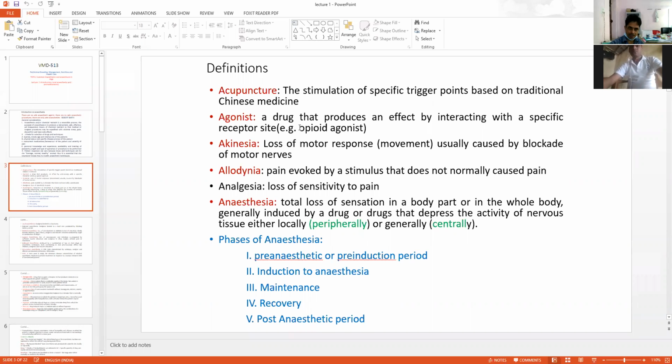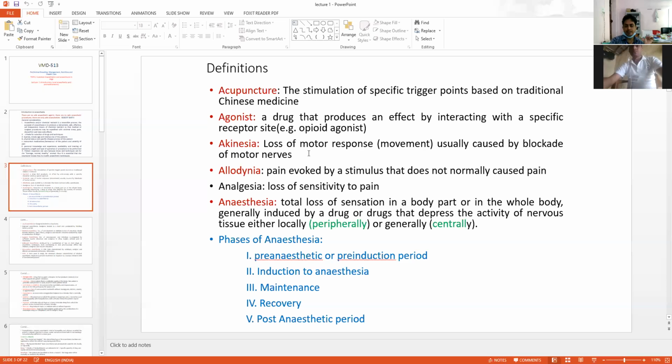This is done by piercing the needle into that particular acupoint. Agonist: a drug that produces an effect by interacting with specific receptors is known as an agonist, and the opioid agonist is well known.